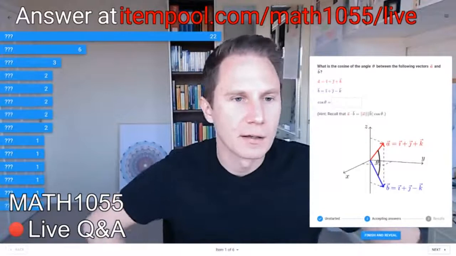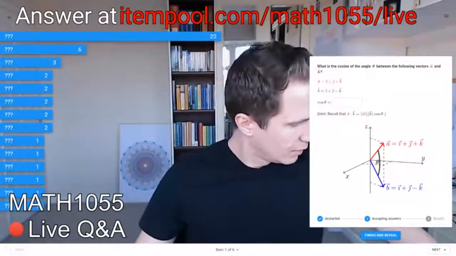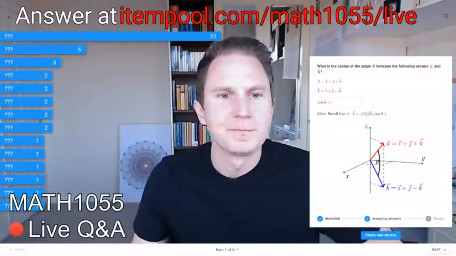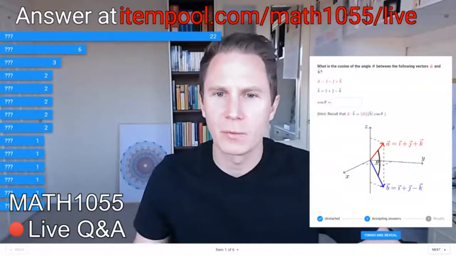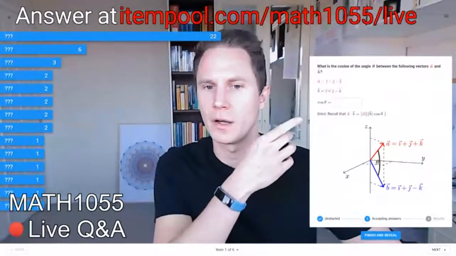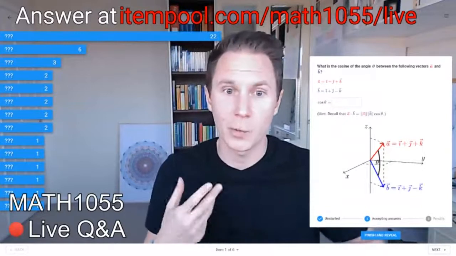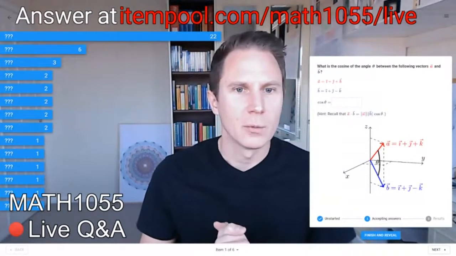Okay, so there are a number of submissions to this first question. Again, I'm just asking the cosine of the angle between these two vectors, A and B. And here is the formula for the scalar product, the dot product of two vectors, which involves the cosine of the angle between such two vectors.